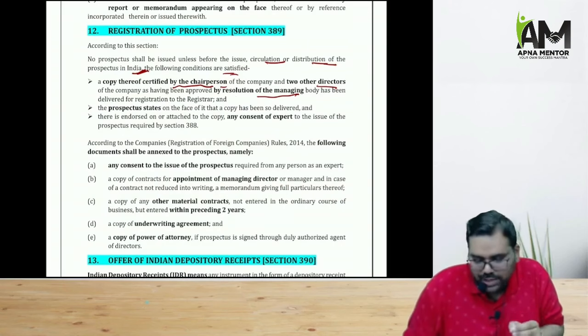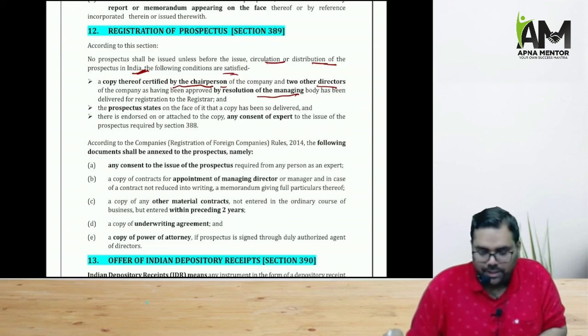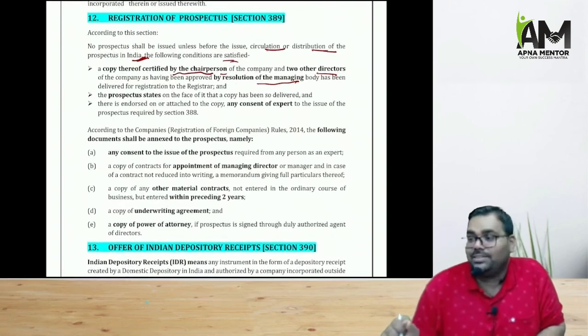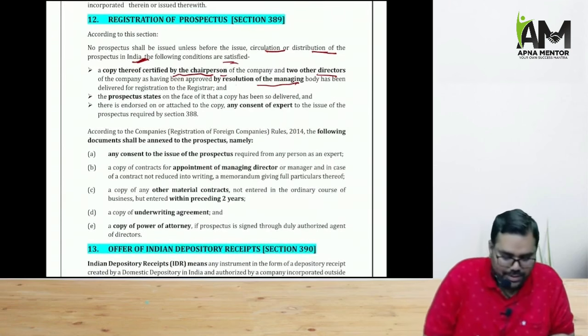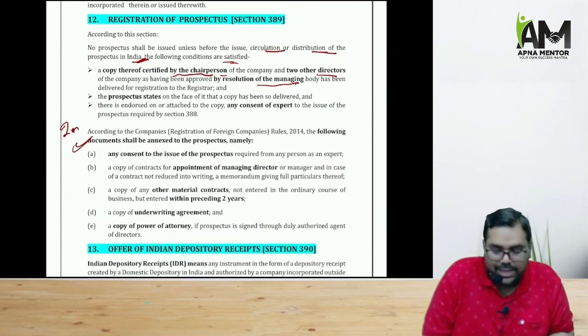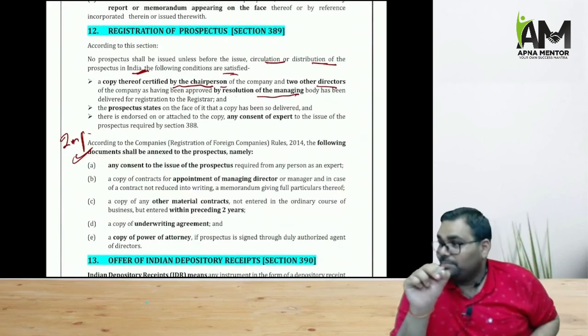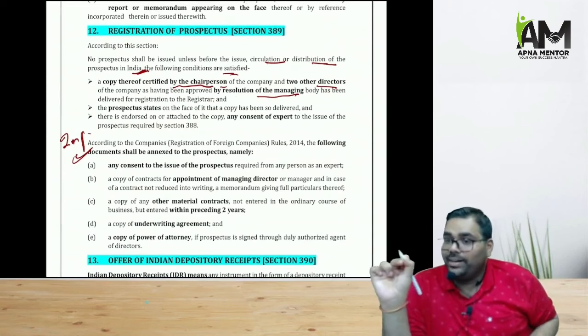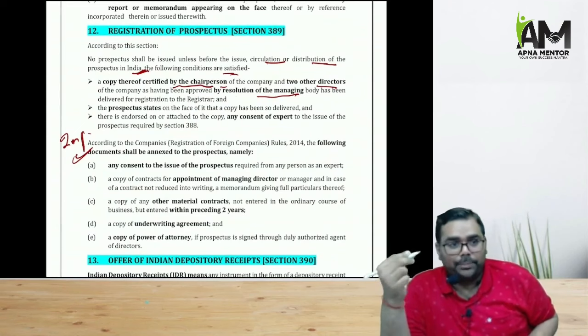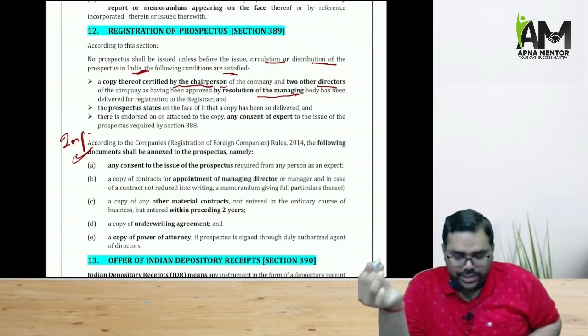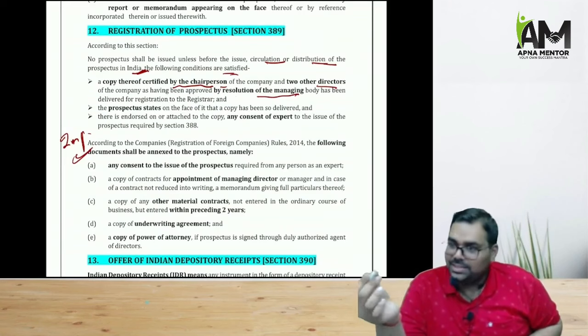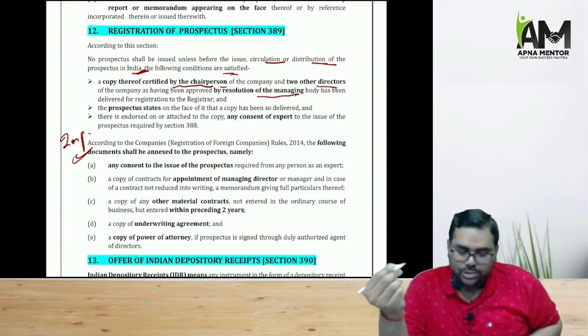So along with the copy of the prospectus, the following documents must be annexed to the prospectus. Again, important. Like along with the copy of the financial statement, there were a few documents to be filed additionally apart from the financial statement. So here similarly, apart from the prospectus, the following documents must also be annexed. The ROC does not want just the prospectus.